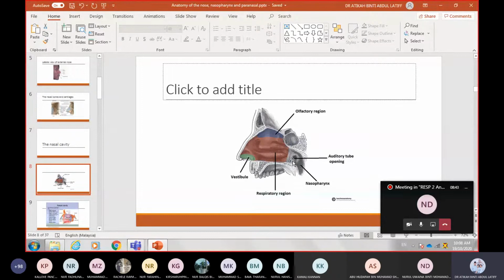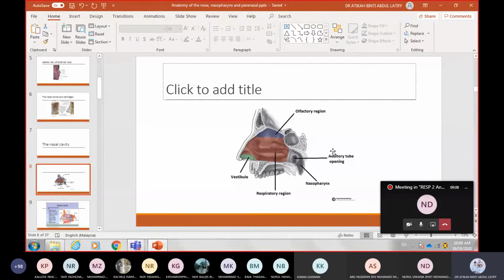Okay, so what happens is air inside your nasal cavity will go into your ear to help equalize the pressure, or make it similar so that you can hear again. Okay, so that is why you have the auditory tube opening, which connects your nose and ear.